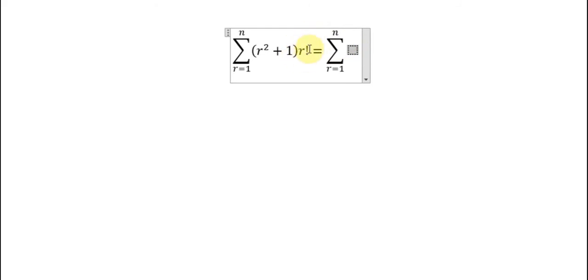We have r factorial, and we multiply with r power 2 plus 1.